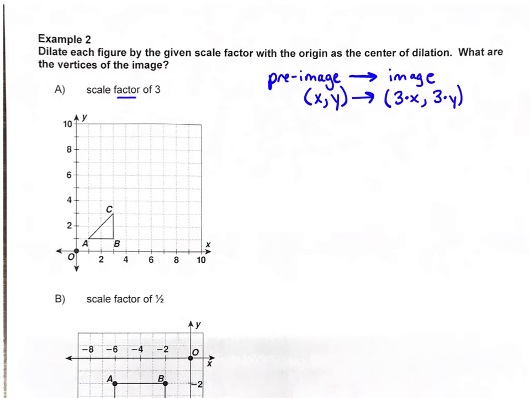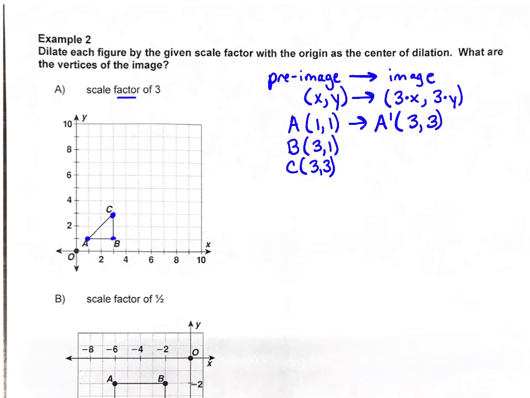So I'm going to take each ordered pair that I have here. Point A that I started with is (1, 1), and point B is (3, 1), and point C is (3, 3). And I just got them right here from this triangle, A, B, C. And then I'm going to multiply them each by 3 to get A prime, which is 3 times x, 3 times 1 is 3, 3 times y, 3 times 1 is 3.